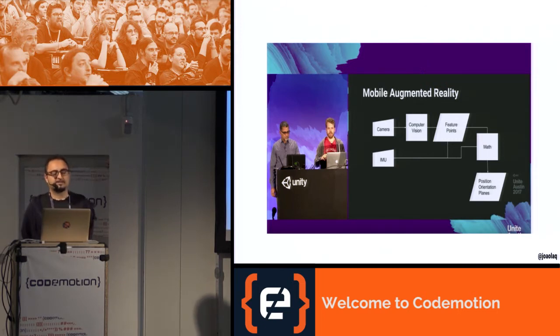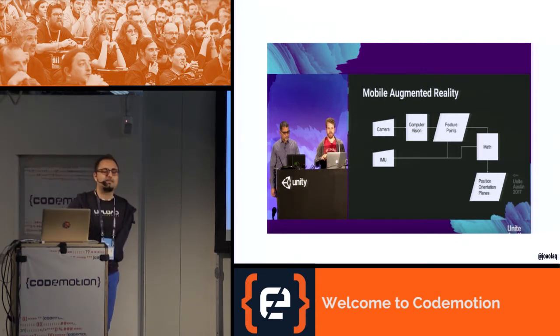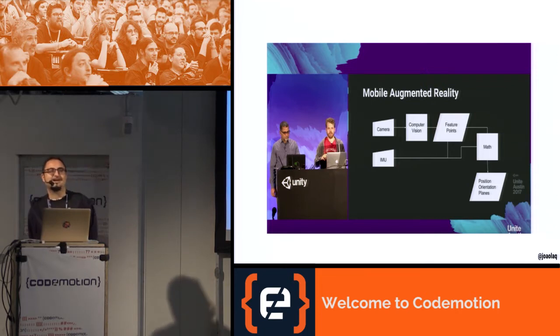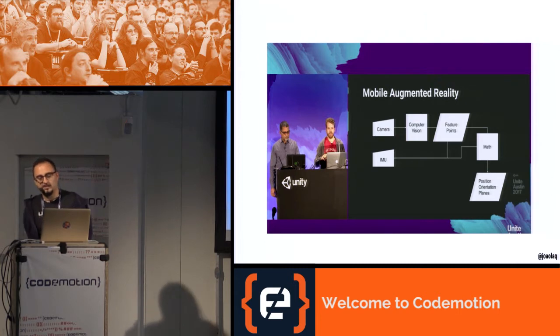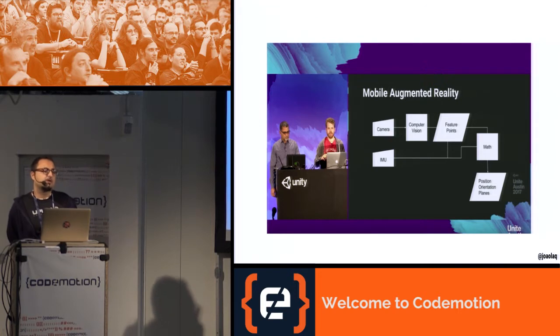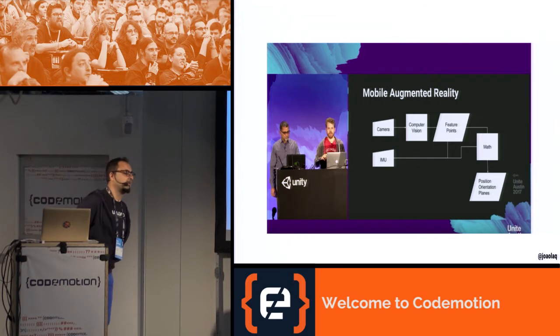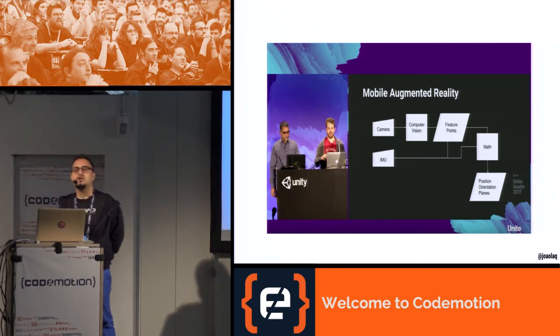So with feature points and the data coming from the IMU, ARCore applies some math over it, some magical math, like the unscented Kalman filter and so on. Very complex maths, but very interesting to study. And the output is the position and the orientation of the smartphone in the space around you, and it also identifies in the environment some planes where you can put your 3D model.